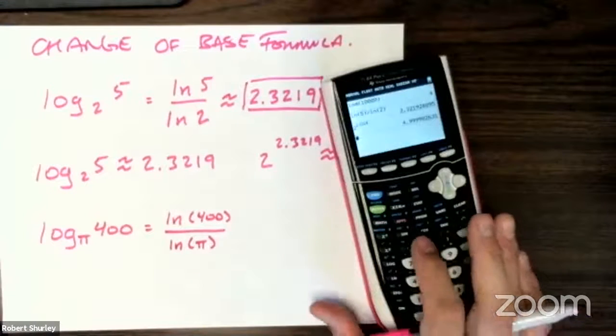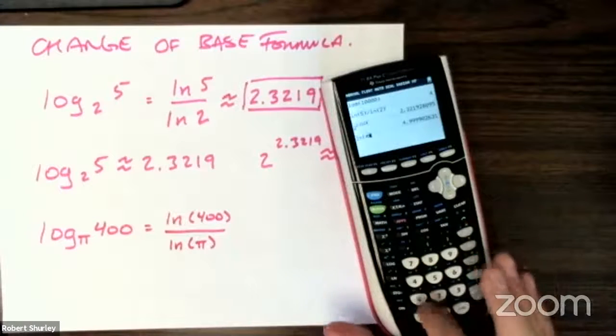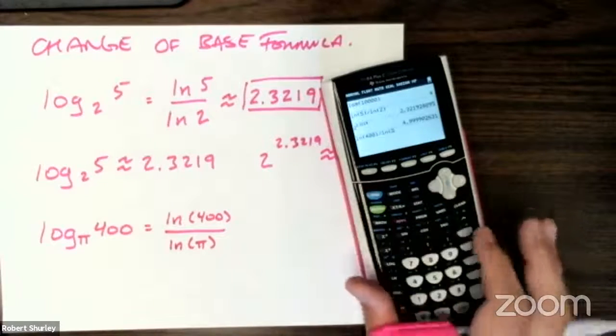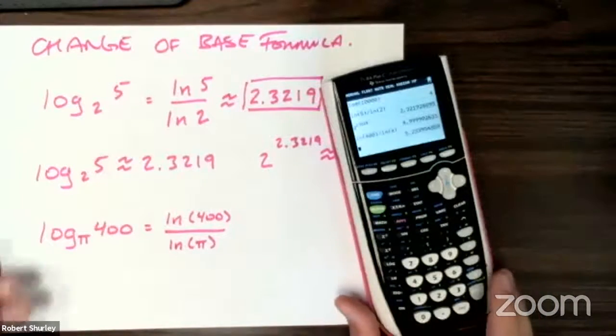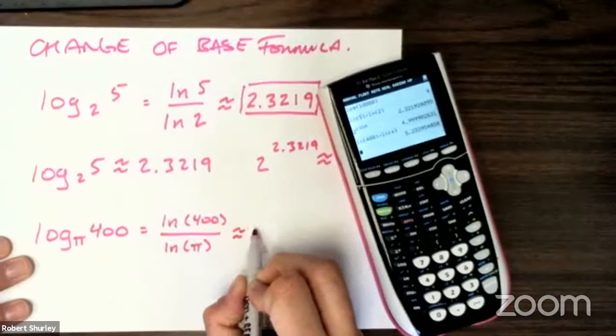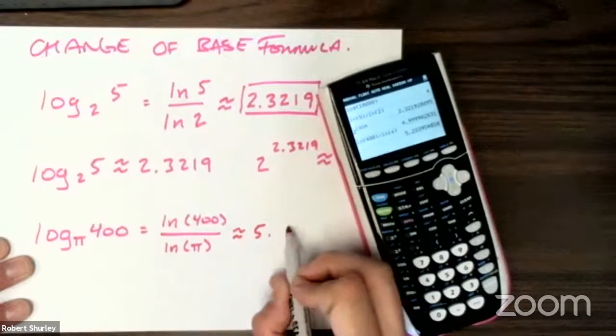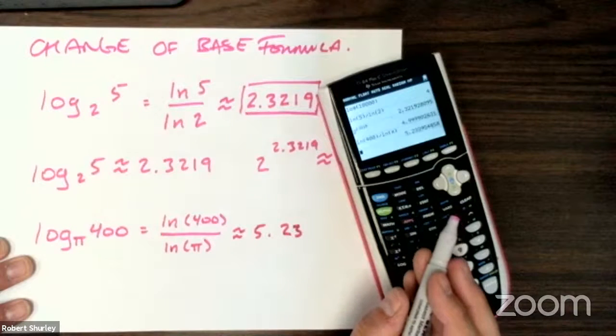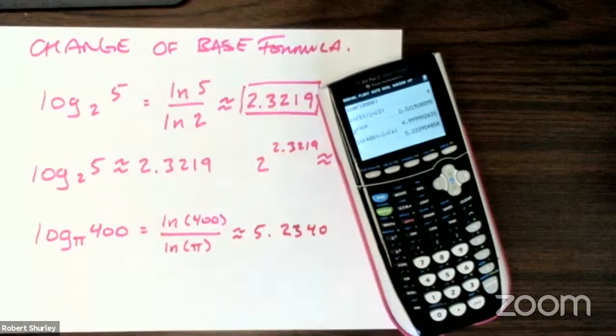So ln of 400 divided by ln of pi, and I get roughly 5.2340.